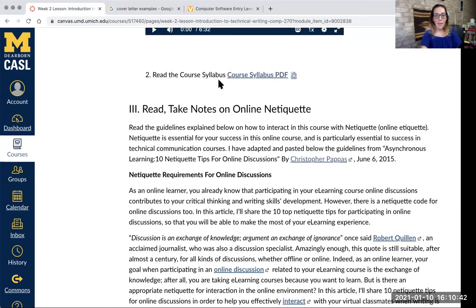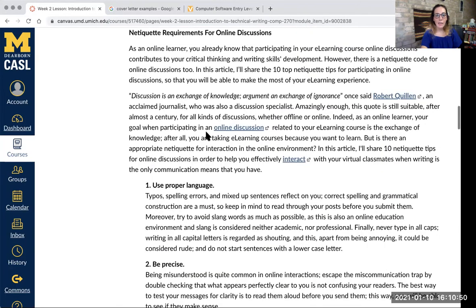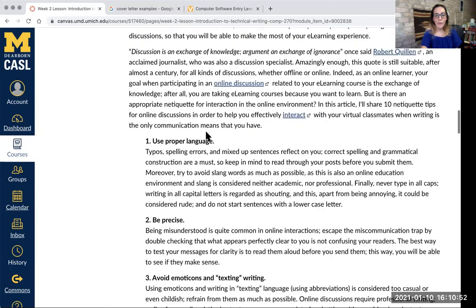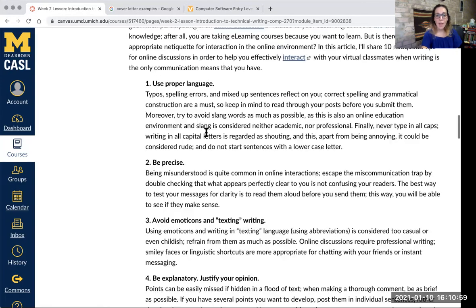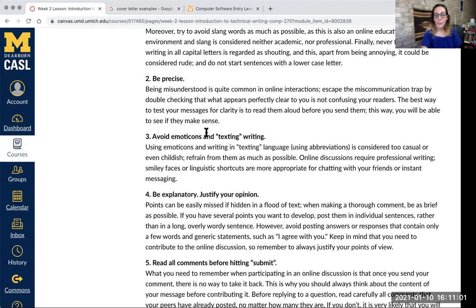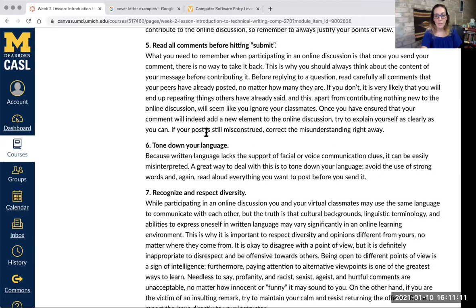It's very important that you read the course syllabus, and that you then read and take notes on online netiquette. Online netiquette is one of the criteria that you're going to be graded on for your discussion post assignments. So you want to get familiar with that, understand it, and post any questions to the discussion board about it so that you're clear on what you're being graded on every time you submit to an assignment discussion.